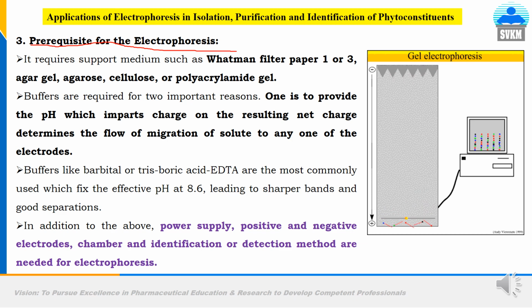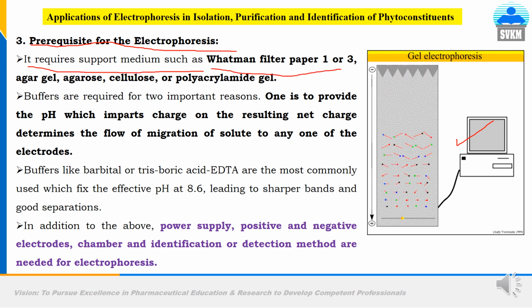Then all the separated compounds are detected, and the whole electric information is given to the computer, where you can see very nice separation of each spot. These spots or bands can be further quantified, and that helps in proper separation, purification, and identification.